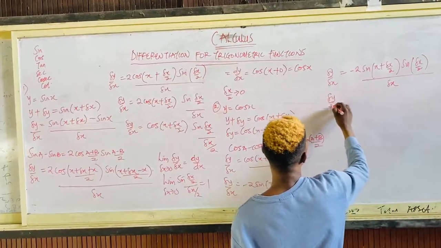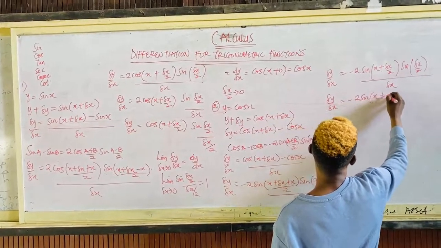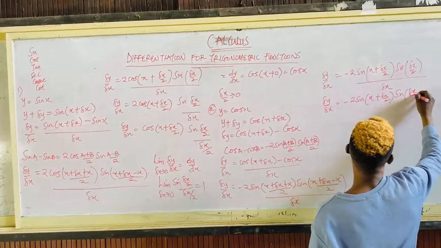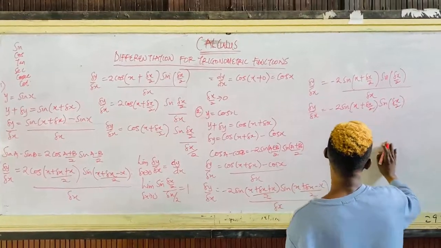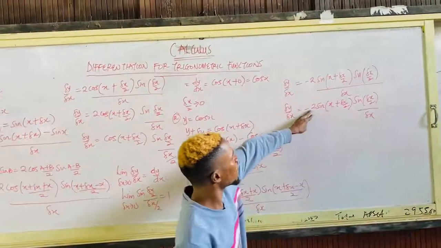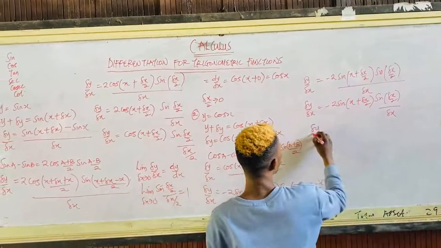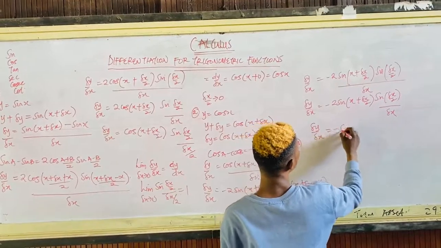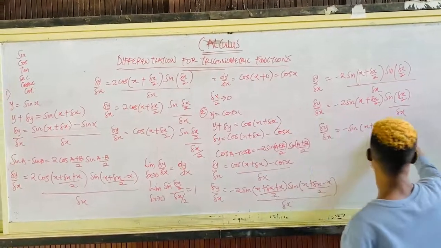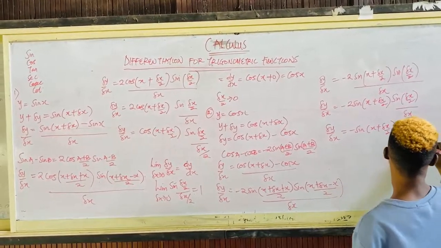We can write this as minus 2 sine (x plus del x all over 2) sine (del x all over 2) over del x. Now look at this numerical factor 2. We can also take it to the denominator here. So del y over del x is minus sine (x plus del x all over 2) sine (del x all over 2) all over 2 (del x all over 2).